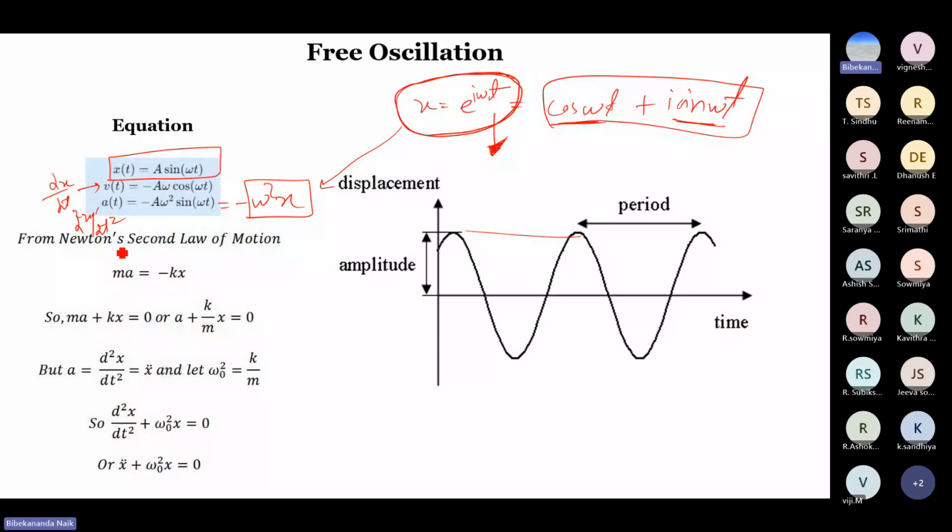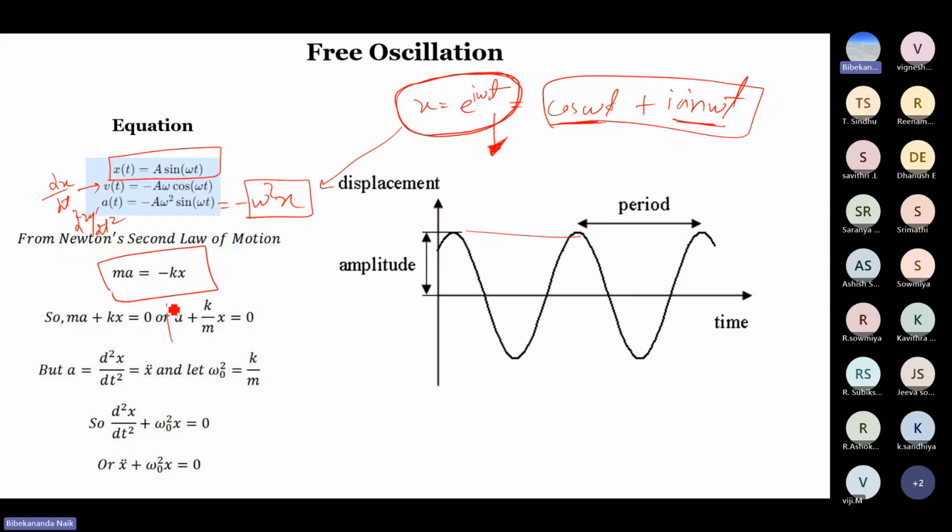So if you apply Newton's second law of motion here, we know there is always a restoring force. This restoring force is called minus kx, like in a spring with spring constant k. Due to its weight mg, it was experiencing a force, and since it is in equilibrium, this force is balanced by the restoring force. According to Newton's second law, this is mass into acceleration.